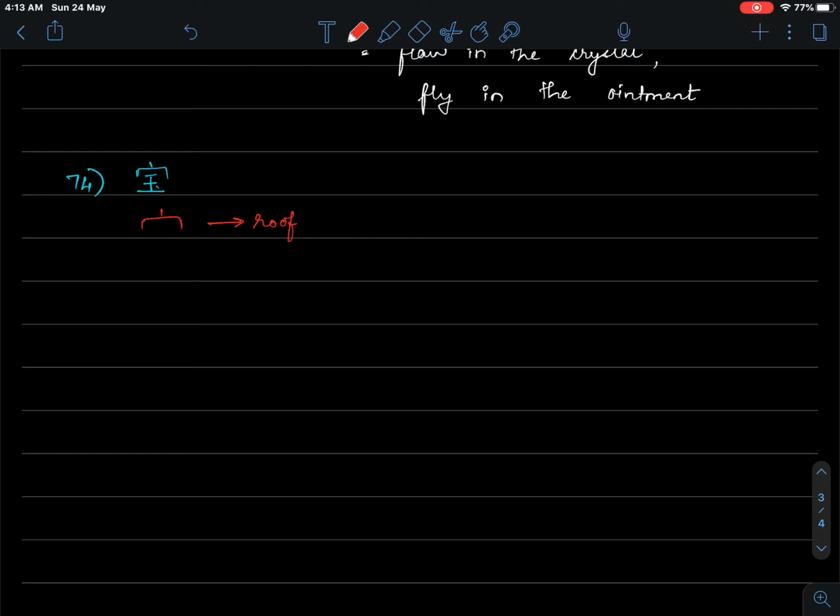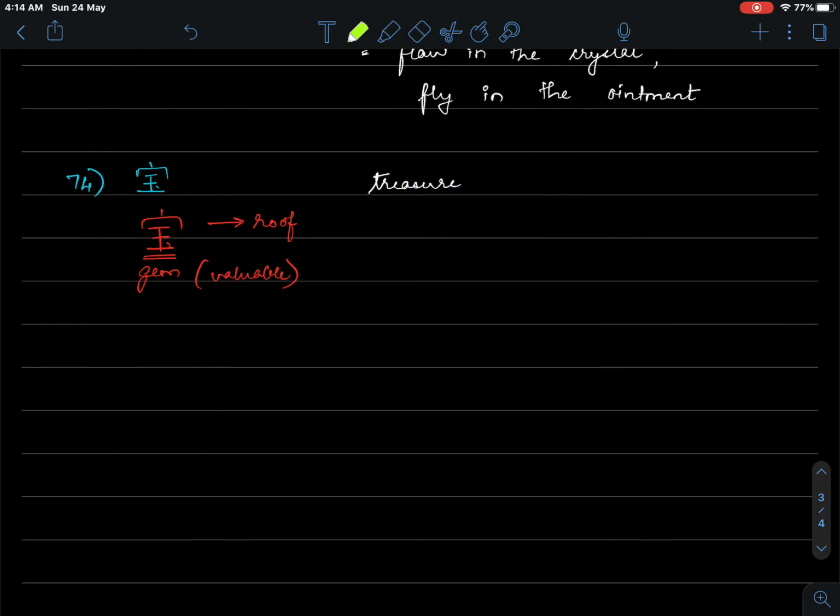And we know that this part means gem. So let's think of it as something valuable. So you have valuables stored under a roof. So what can you call it? You can call it treasure.